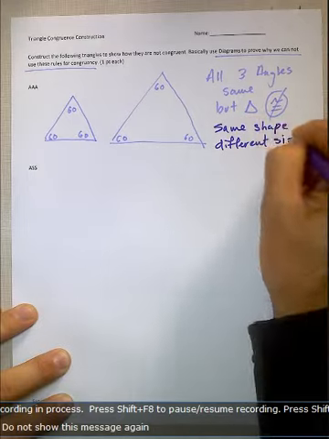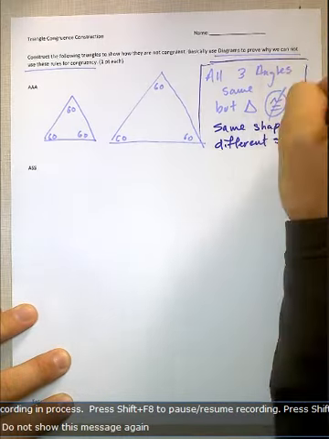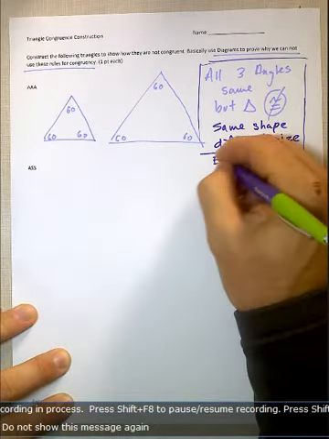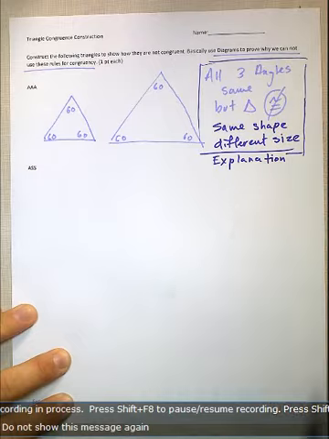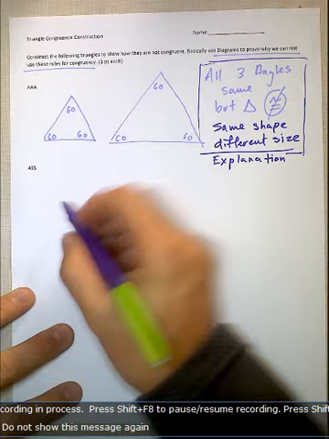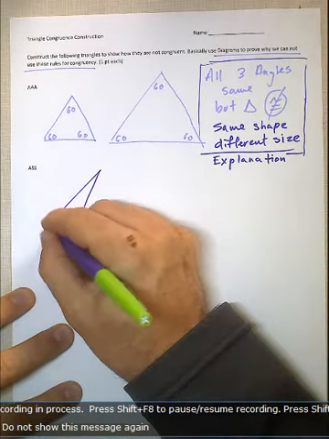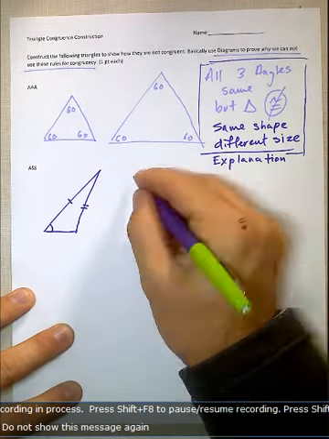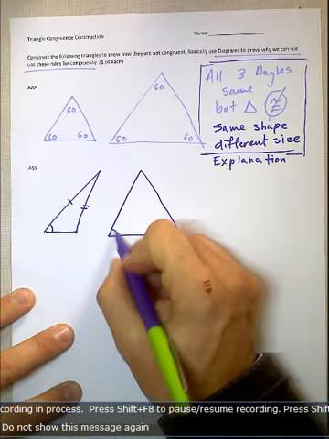I'm going to ask for this on the makeup and on the final. I'm going to ask for this as an explanation as to why. And then the diagram we're looking for, the most common diagram to use for angle side side, was this triangle here where you had an angle, a side, and a side the same as an angle and the side.